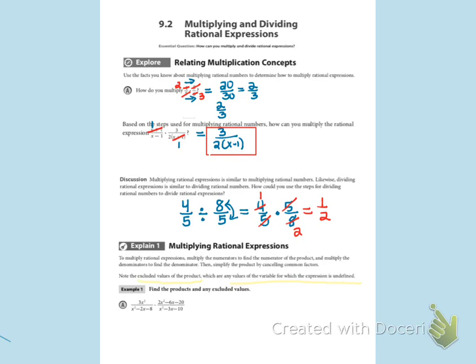So let's see what I have to work with. Let's see this first denominator. I'm going to factor that, and I can see it's an easy one. That's going to be x minus 4 and x plus 2. I see that in the numerator of the second fraction I can take a 2 out of each of those terms.